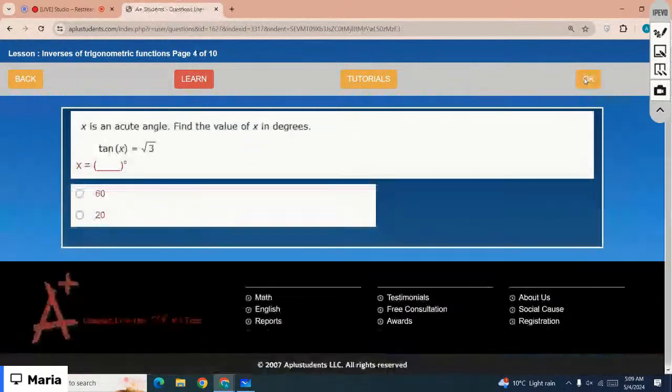So basically, when you have to get the exact value, you have to use the reference triangles, right? The special triangles you have to use.